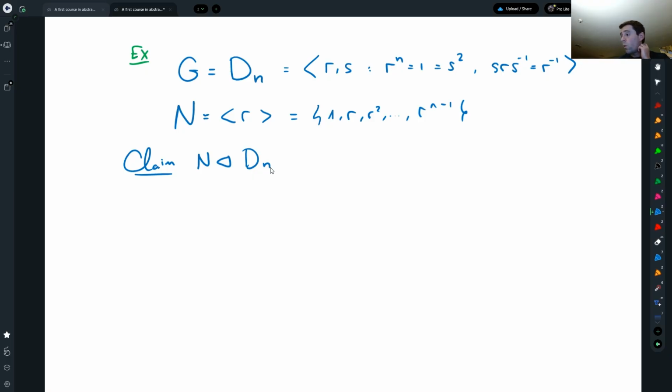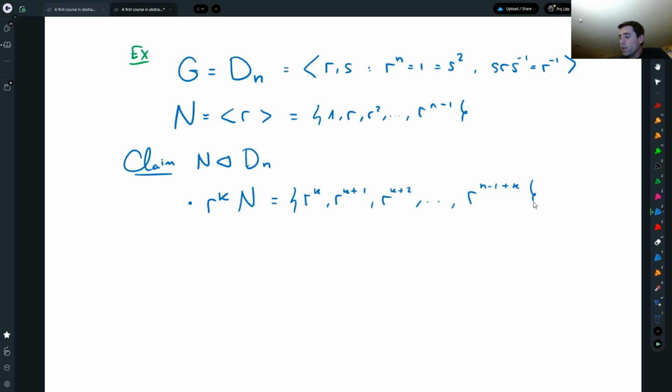So how so? First, let's see that if I multiply N by any power r to the k, what do I get? I'm going to get r to the k, r to the k plus 1, r to the k plus 2, up to r to the n minus 1 plus k.